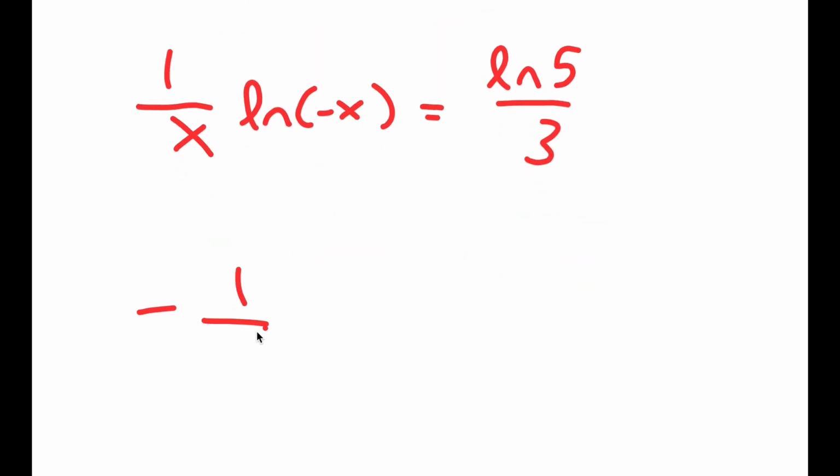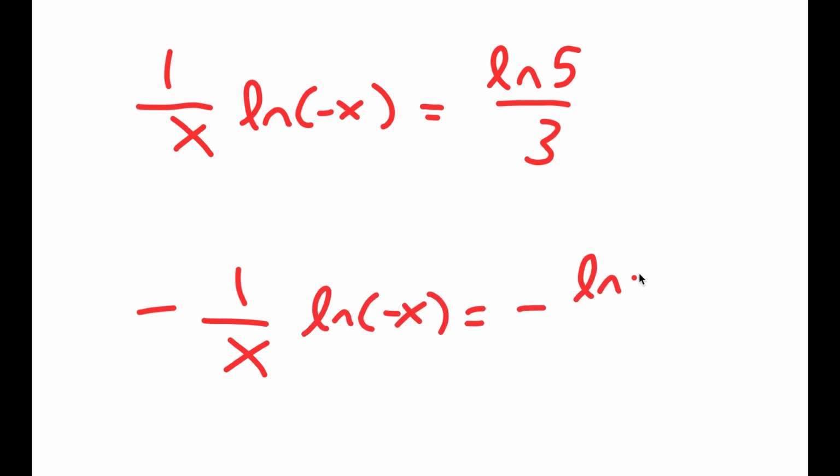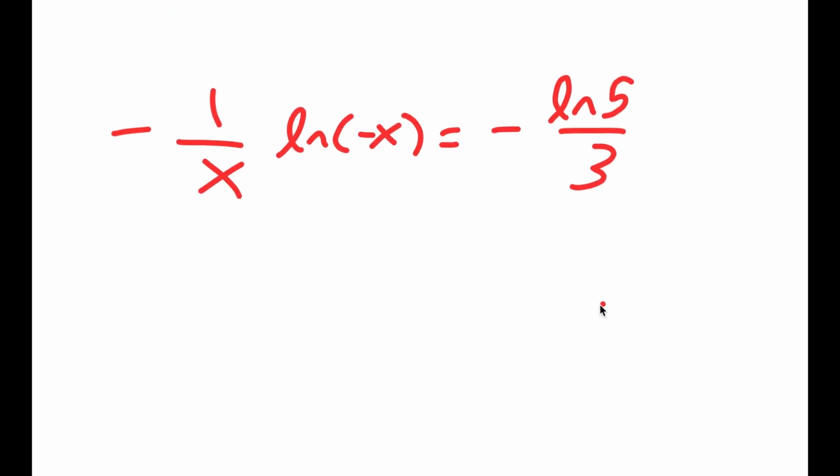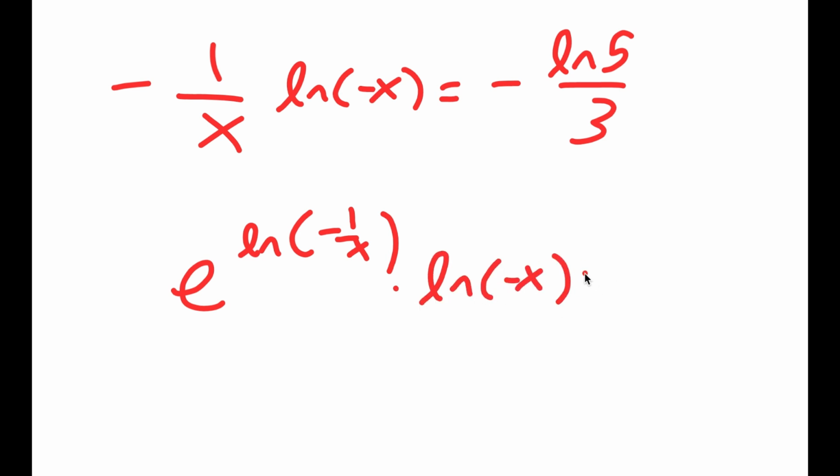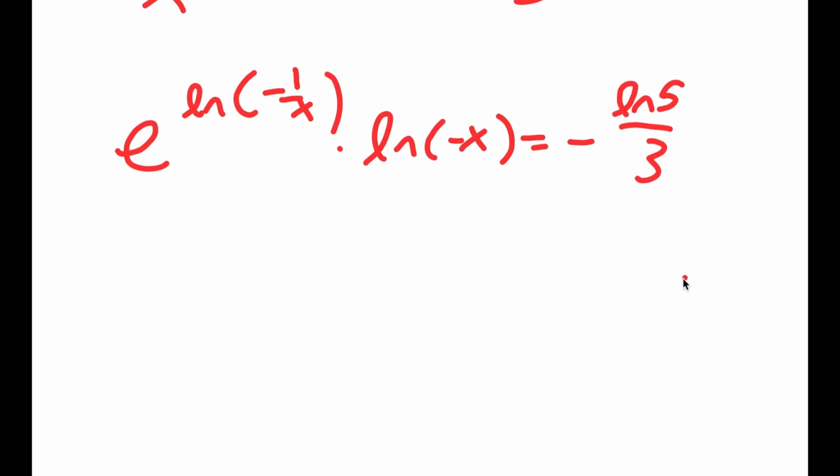Now I can multiply both sides by -1. And now, I'm going to rewrite this again as e to the power of ln of -1 over x times ln of negative x is equal to negative ln phi over 3.